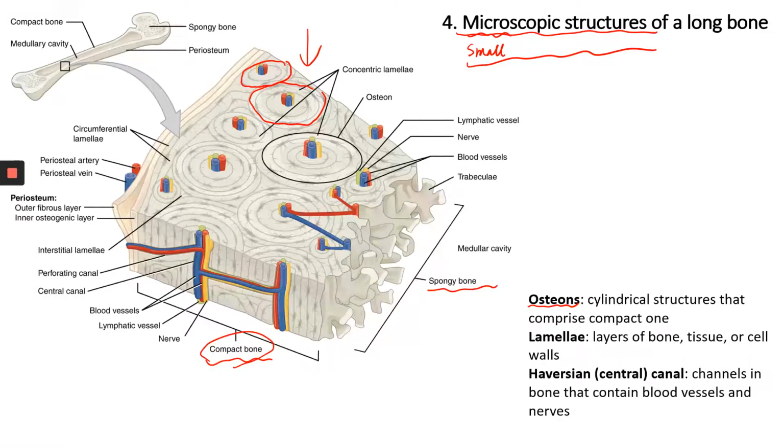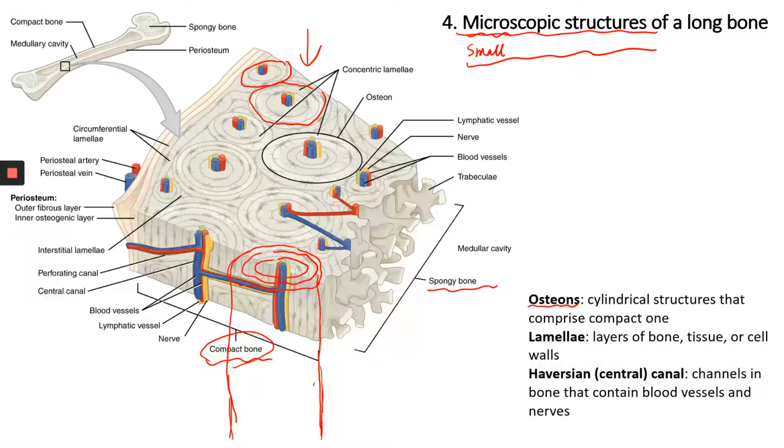They're really cylindrical. If I draw the entire osteon, it will be kind of like this, and it's going to go down all the way to the end of the bone. Again, this is the structural unit of compact bone.